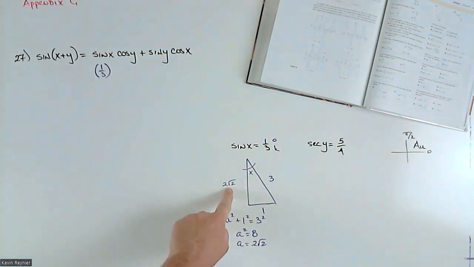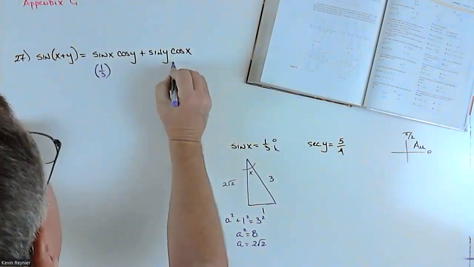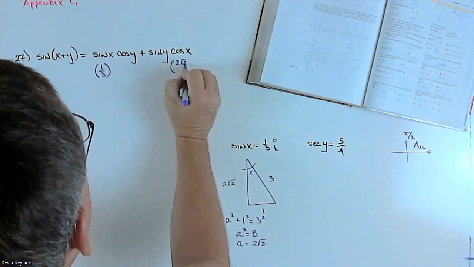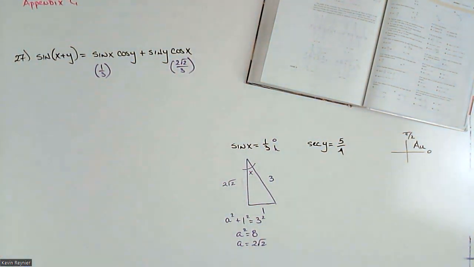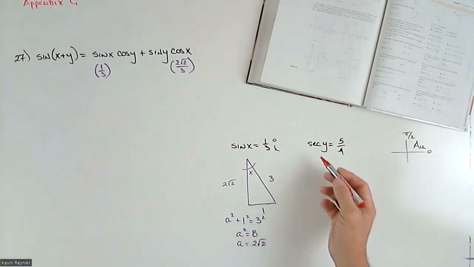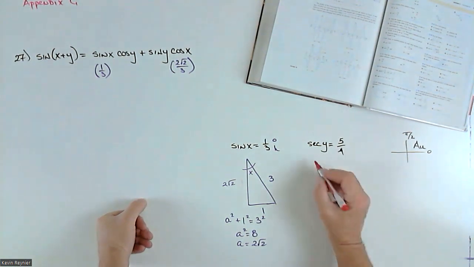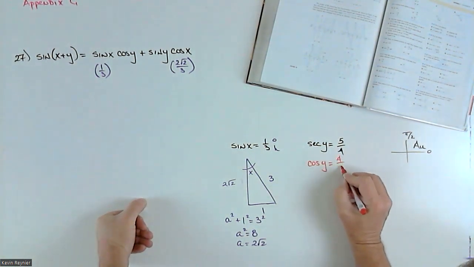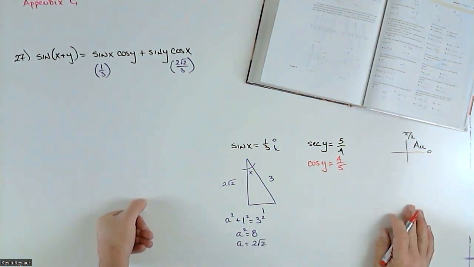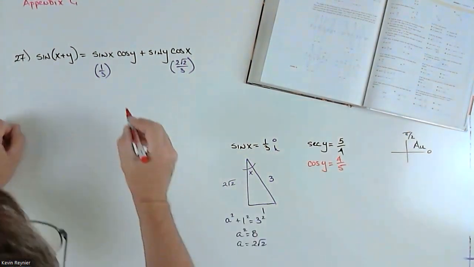Cosine of x is 2√2 over 3. That goes here. But I need the cosine of y and the sine of y. Well, they didn't tell me that. Well, they did. They told you the secant of y. So you know the cosine of y is 4/5, right? Reciprocal of secant. So cosine of y goes right here.